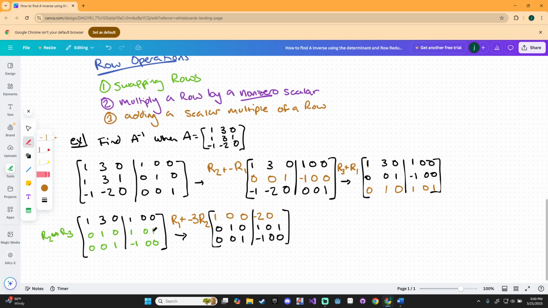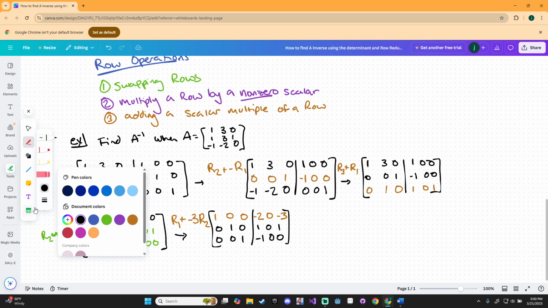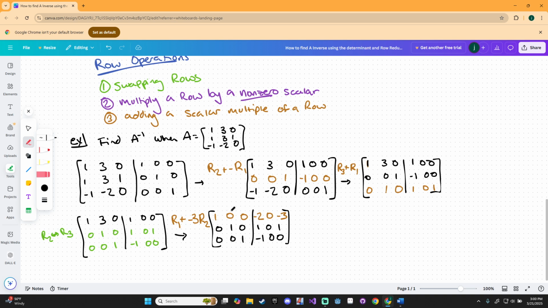And then 0 plus -3, we'll have -3. So, what we get here, we have the identity matrix on this side, and we have A inverse on this side. So your A inverse is equal to -2, 0, -3, 1, 0, 1, -1, 0, 0.